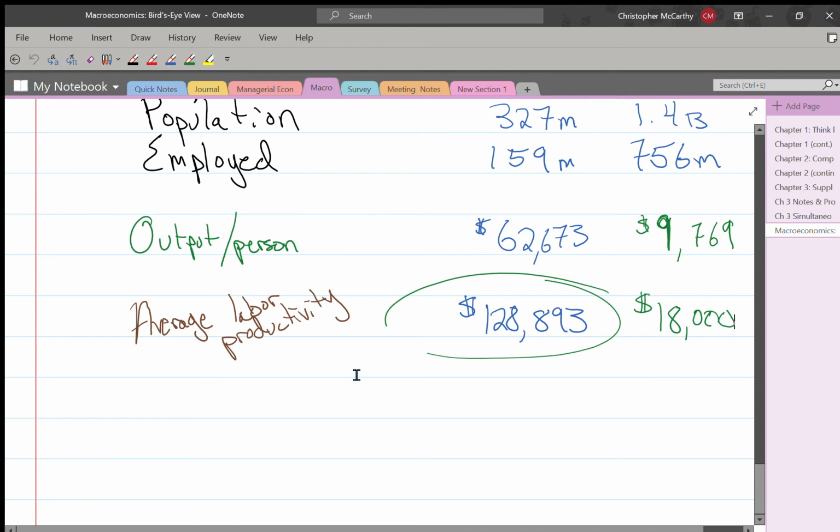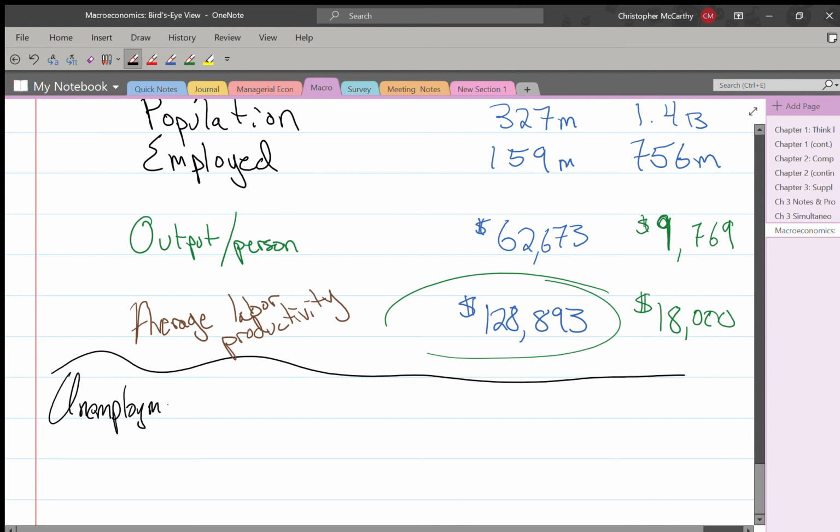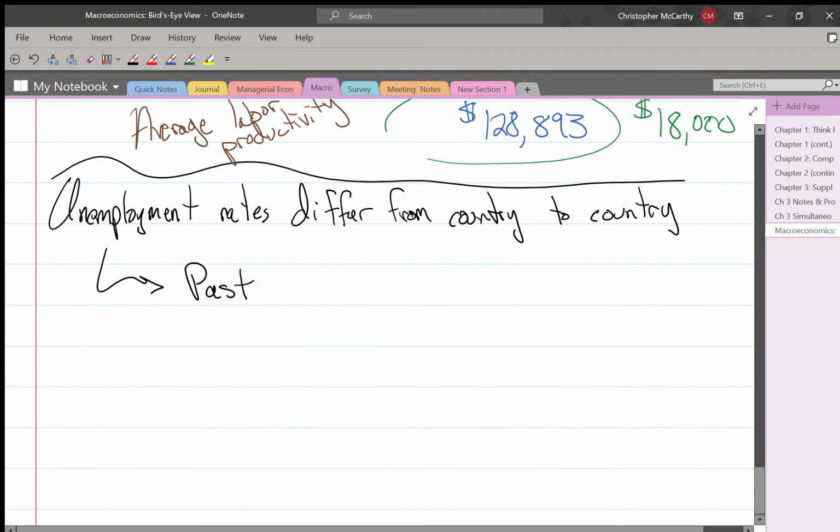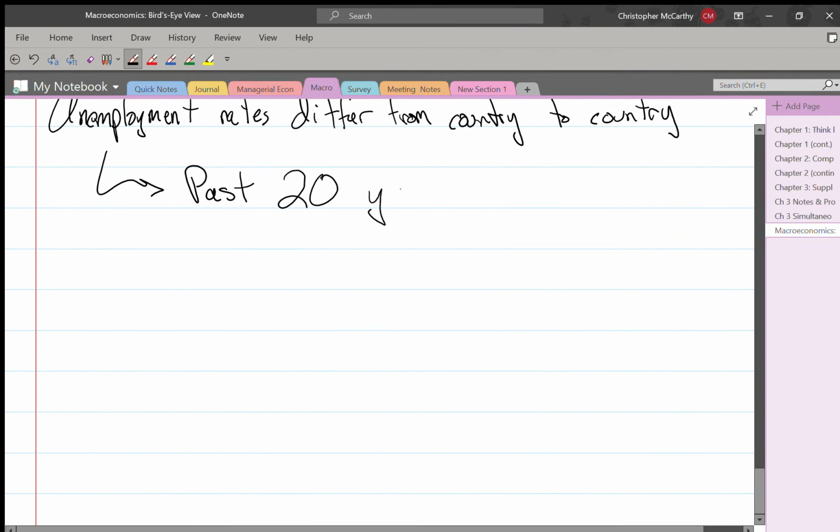So unemployment rates are going to differ from country to country. For instance, for the past 20 years, the European workforce has had over 10% unemployment.